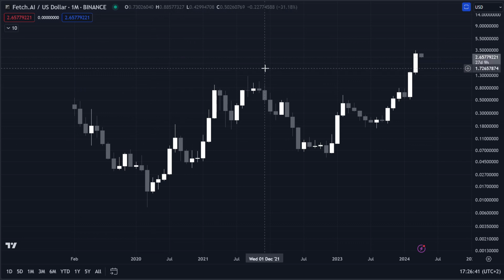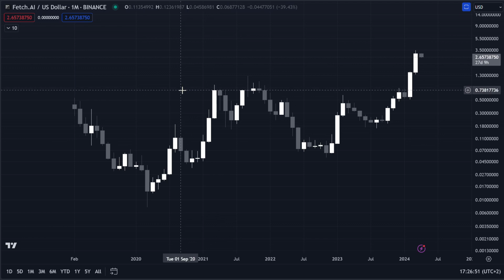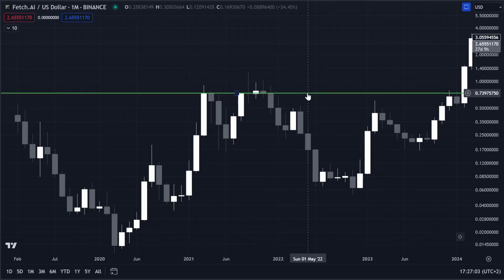First of all, we start to mark the key levels, and the first key level that I see that could be relevant for us is this one, around 73 cents.